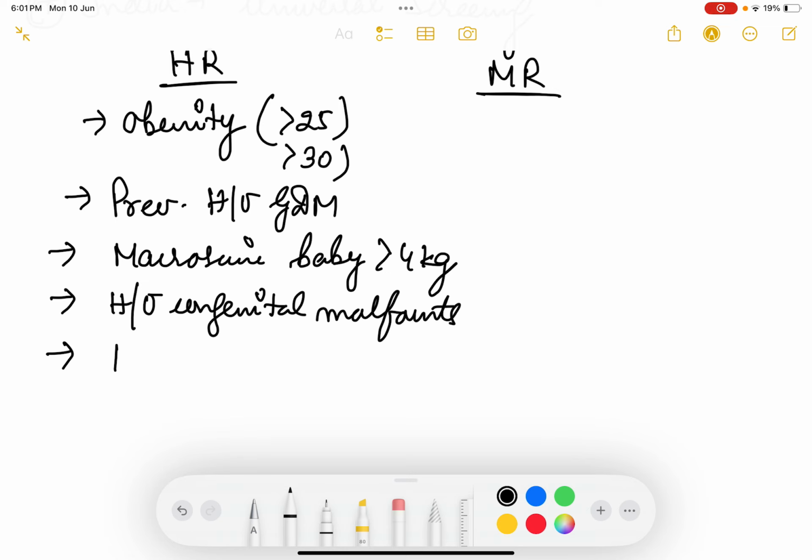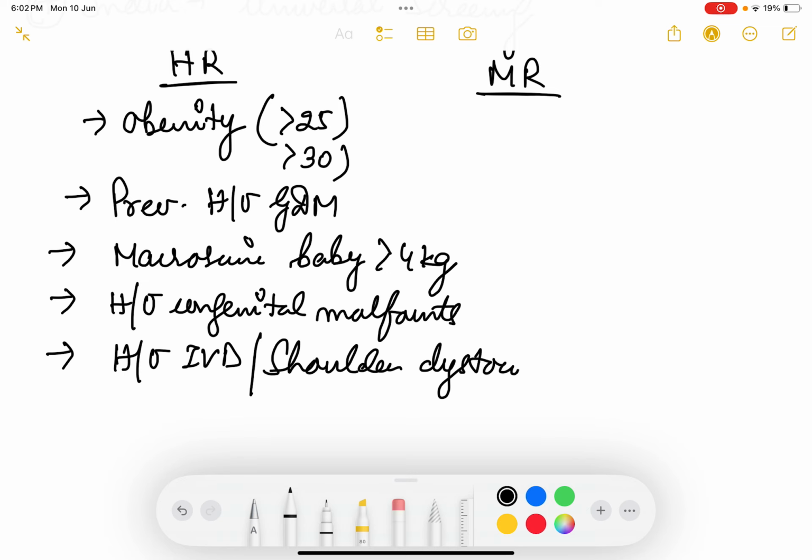Then if there was any history of instrumental vaginal delivery, or there was shoulder dystocia, that is बच्चा फंस गया था, बच्चा बड़ा था, ये सारे अगर हिस्ट्री है, and if the patient was having any bad obstetric history because any infantile death था या कोई stillbirth था, तो these are high risk patients and they should always be screened for GDM.